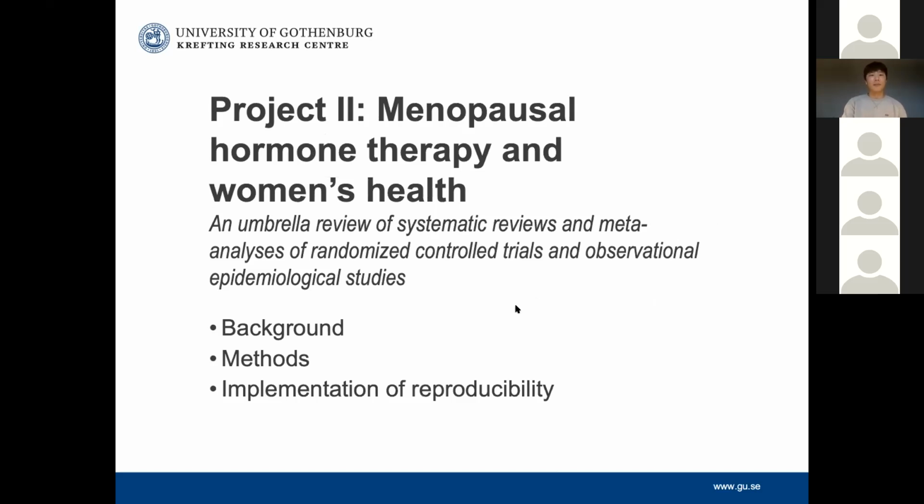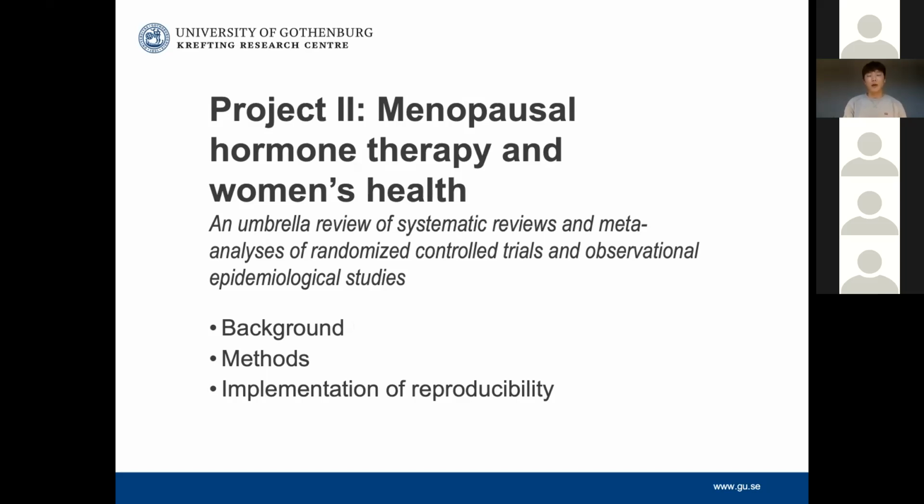And the second one is about menopausal hormone therapy and women's health. It's an umbrella review of systematic reviews and meta-analyses of randomized controlled trials and observational studies. I'm going to introduce this project in 3 aspects.